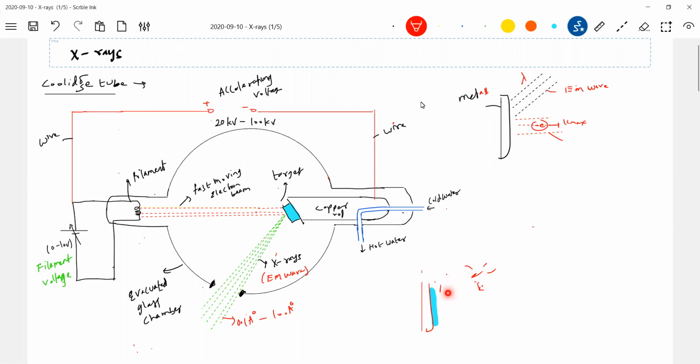So here, let me put it. If this is a metal, now we'll make an electron beam incident on it.